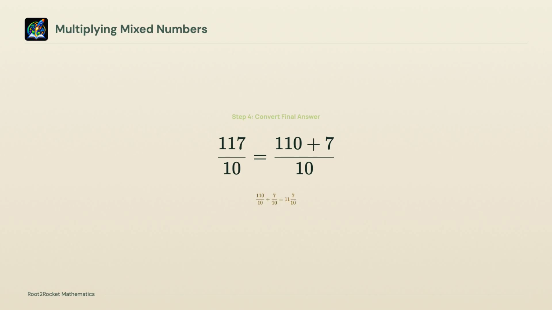Then 110 divided by 10 is going to give me 11, plus 7 divided by 10. We cannot divide 7 by 10, so we are going to leave the fraction. Then the number becomes 11 whole number 7 over 10. And that is our final result for the simplification.